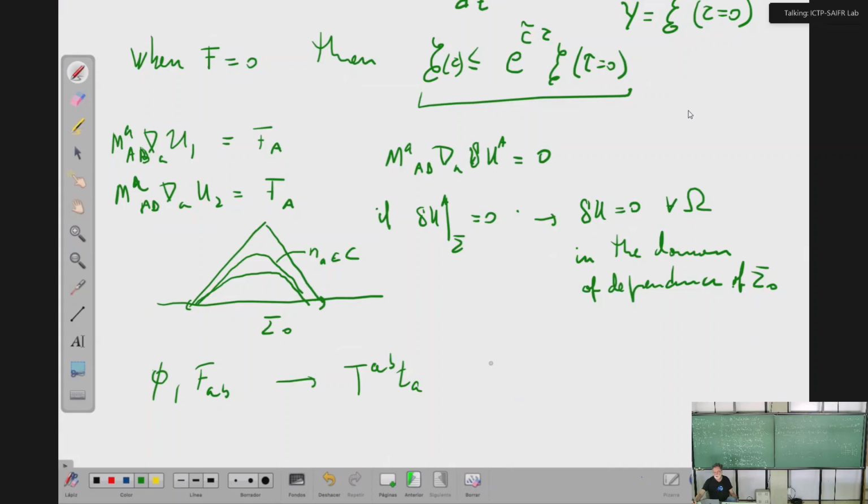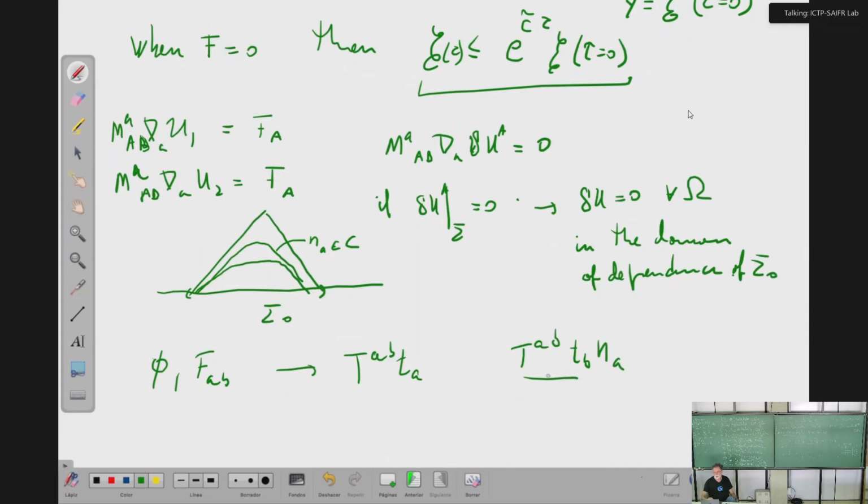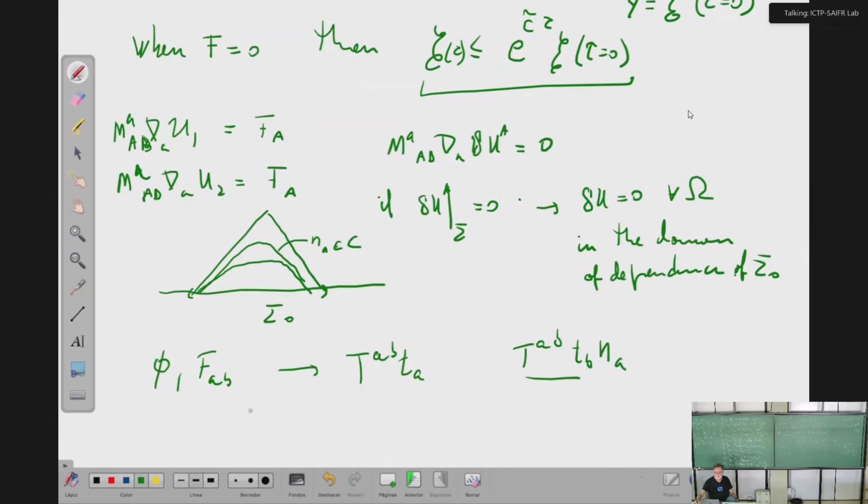So you will contract this, your energy will be T_AB V^B n^A. That's the thing you integrate over every surface. And here you use that the divergence of T is 0 because of the equations.